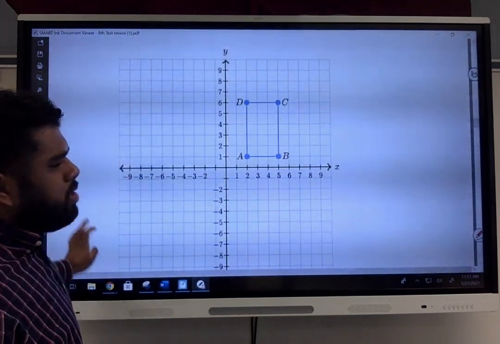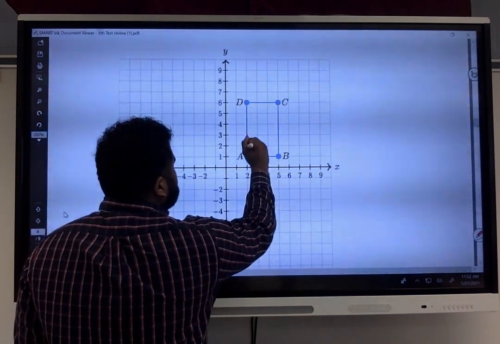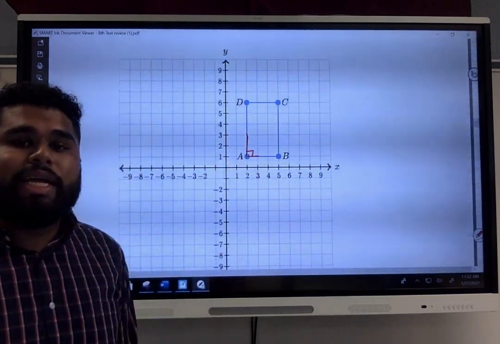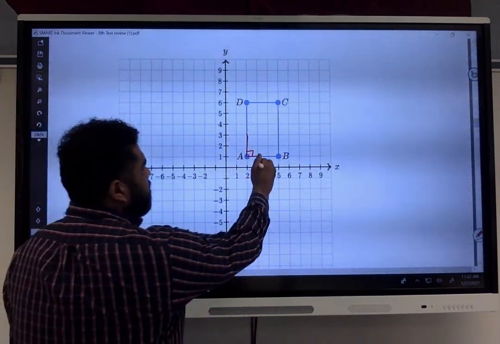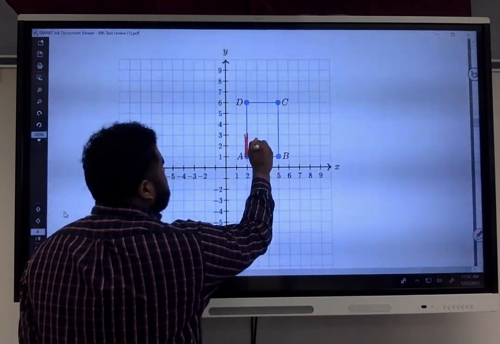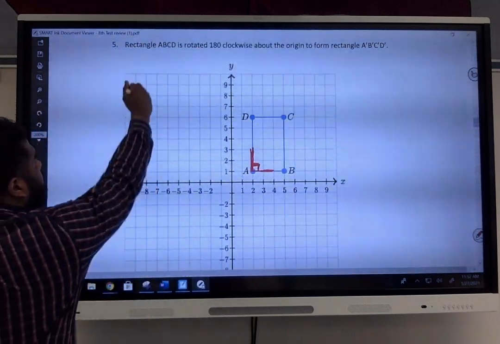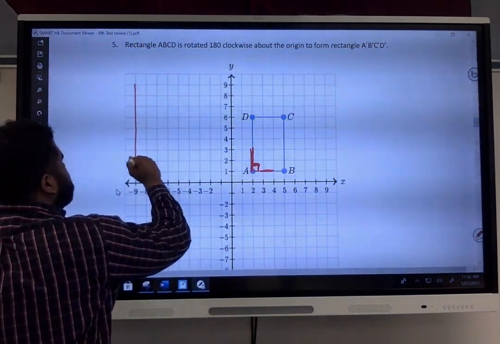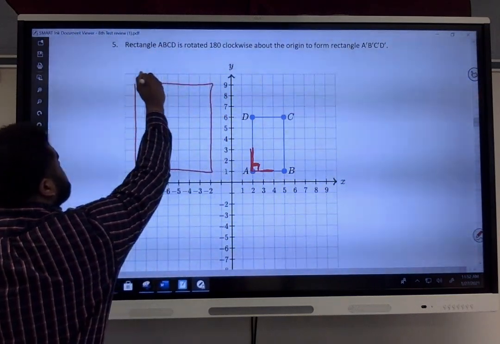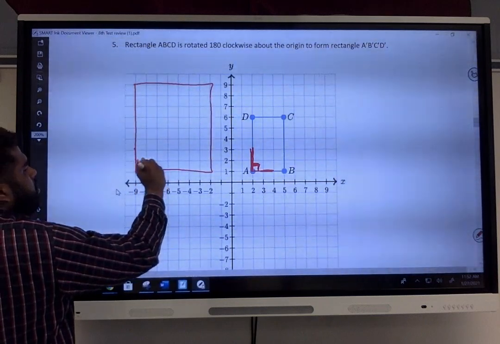So what they're talking about is angle measures. Take a look at this angle right here. This represents a 90-degree angle, what I drew in red. Now let's say I have a much bigger rectangle, like this. Again, what angle is right here?